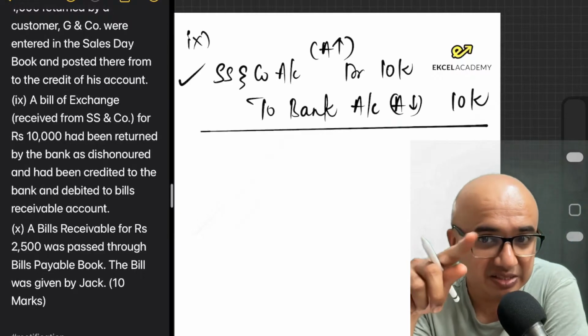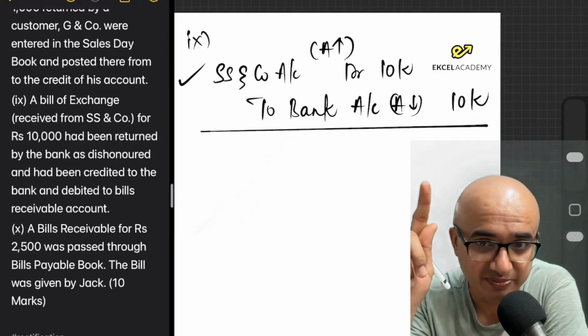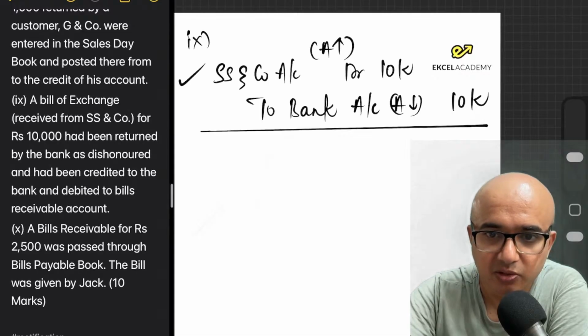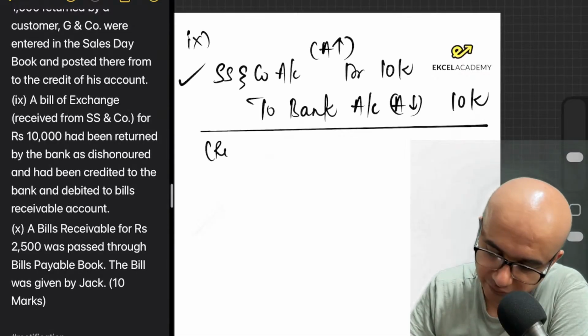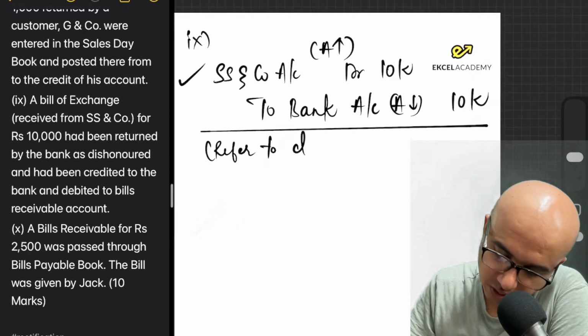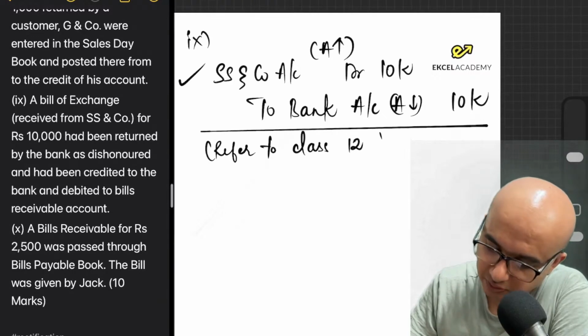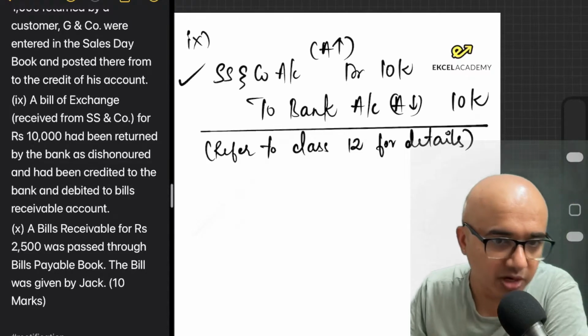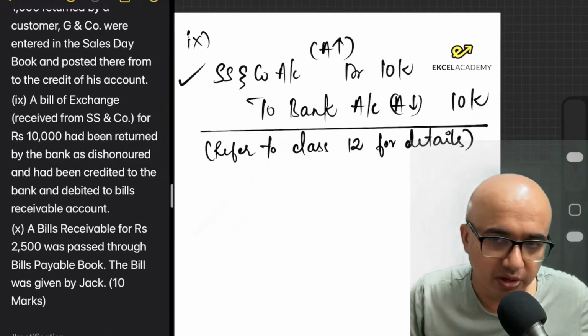So this is the entry which we are supposed to pass. For details, please refer to yesterday's class. Okay, so this is class 13. I'll just make a note here. Refer to class 12 for details, given the background information. So there you will get the details.